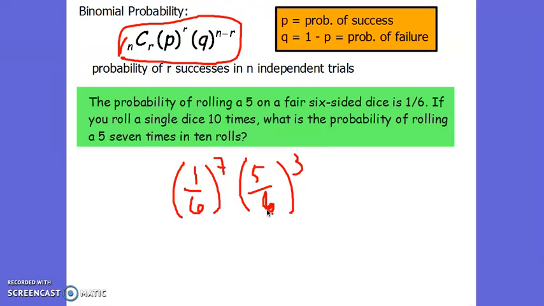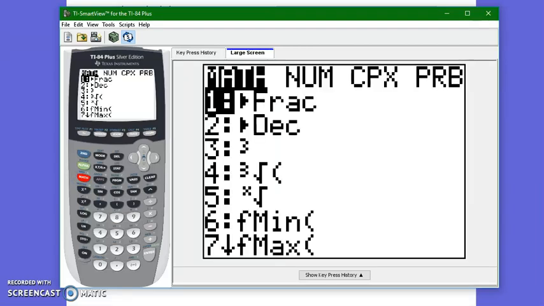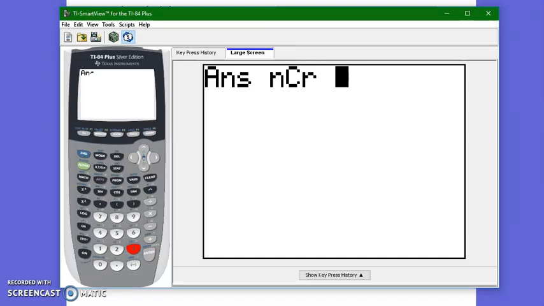But what we have to consider is, in the beginning, on those 10 rolls, we want to get our successes. We want to have exactly 7 successes, and we can do that in 10 combined 7 different ways. Okay? If we take a second and we compute that number, right, we go onto our calculator, math, over to probability, and we compute that number.